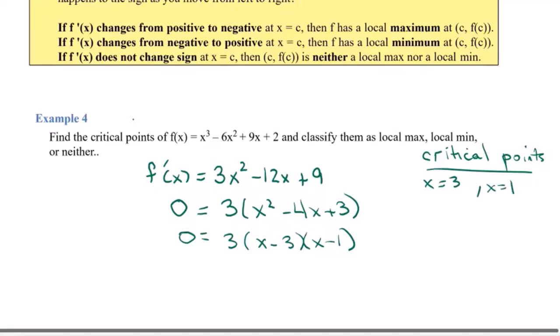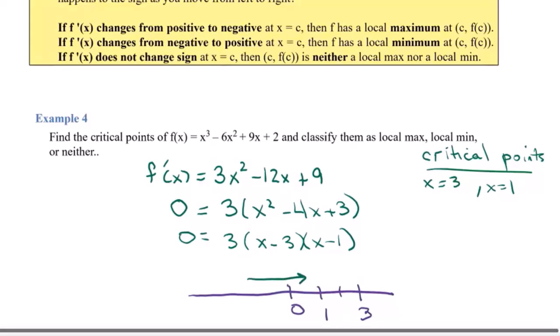Okay? Now we want to figure out if they're local maxes or mins. And the way they want you to do it here, which is not the only way to do it, by the way, is, well, let's look at our number line. There's 0, 1, 2, 3. What we want to do is look at what happens as the graph comes in from the left to 1.